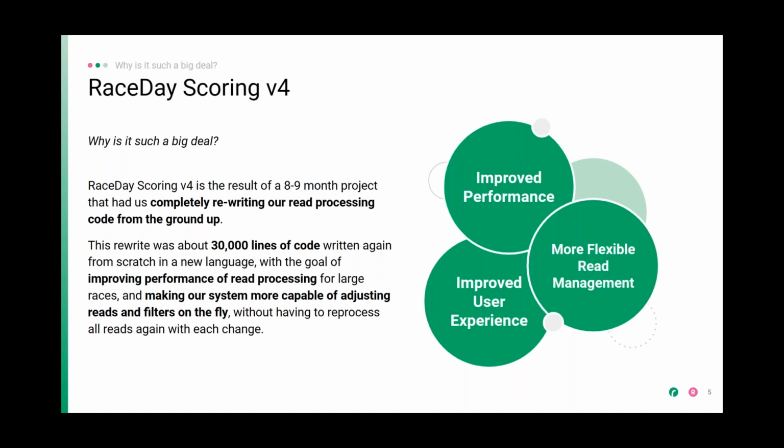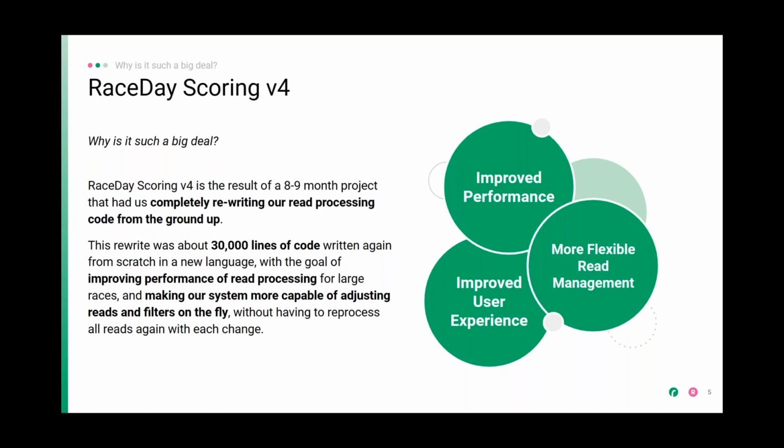So it's the result of about 8 or 9 months of project work that has completely rewritten our read processing code from the ground up. Many of you have used our announcer system, the leaderboard, or the announcers that came out a little while ago. I can't recall exactly, maybe 6 months or so.